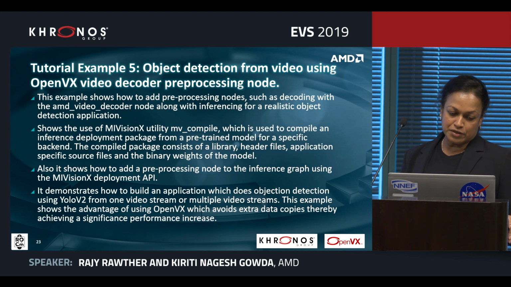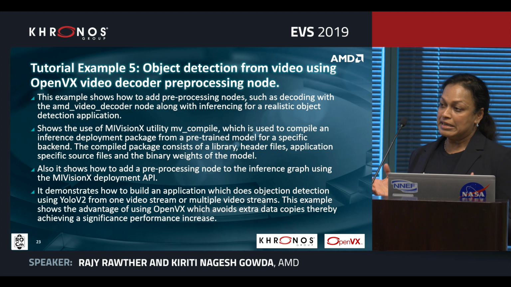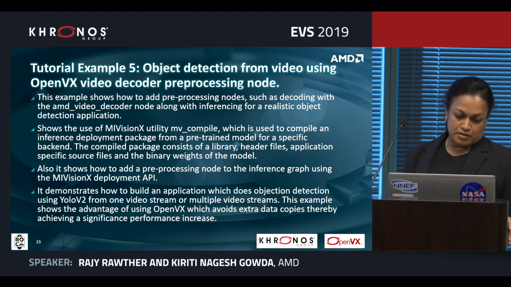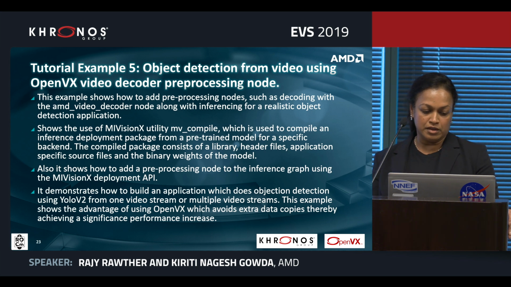It also shows the use of the MIVisionX utility, the MV compile, which I explained before, which is used to compile a pre-trained model into a specific backend. I already said that it has to add pre-processing nodes, and it also demonstrates how to build an application which does object detection, in this case using a YOLO V2 model.